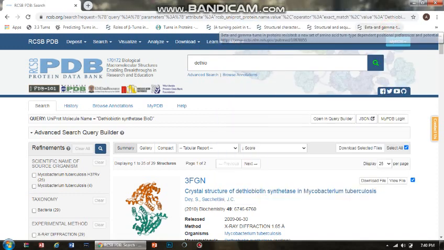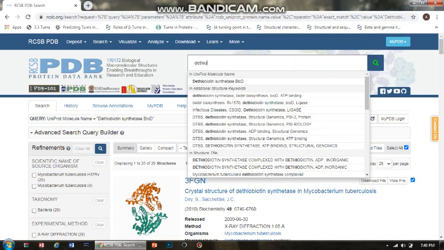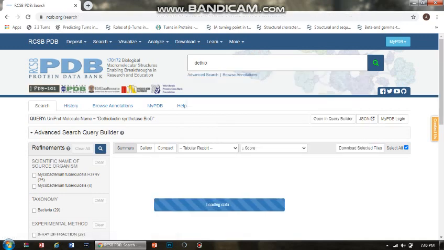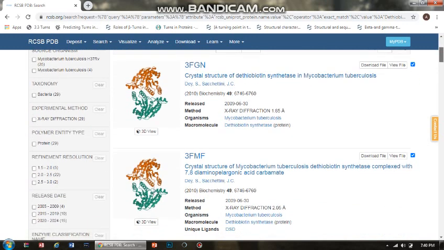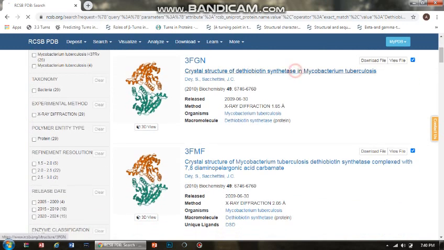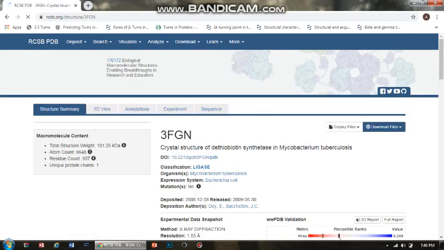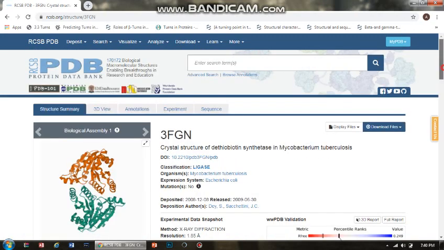Okay, so previously I talked about how to download a PDB file for a protein from RCSB PDB. Right now I'm going to discuss what information we can get from this page that opens up when you click on any ID.